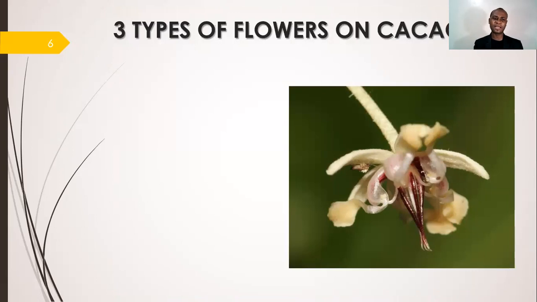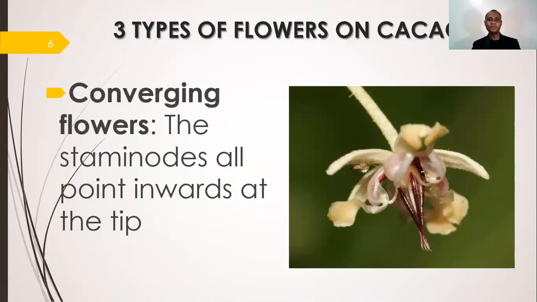Okay, so now let's talk about the 3 types of flowers. The first type of flower is called the convergent flowers. In convergent flowers, the staminals all point inward at the tip.